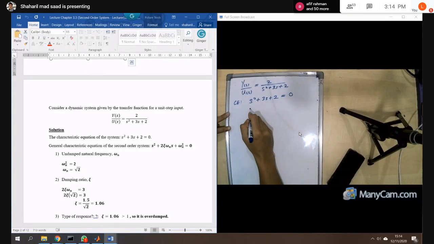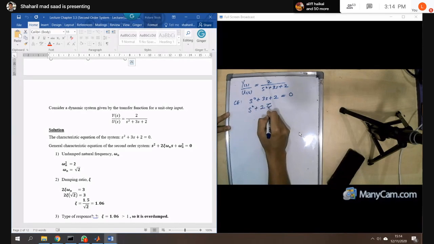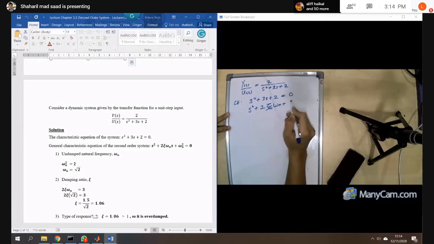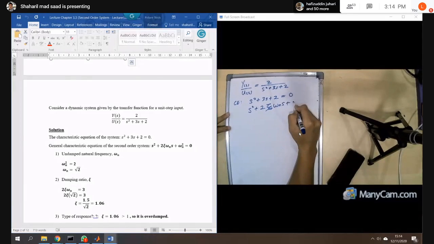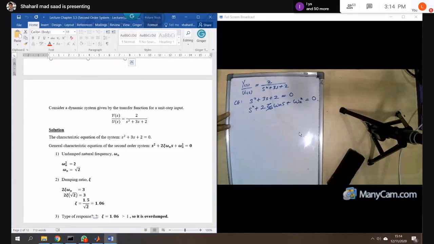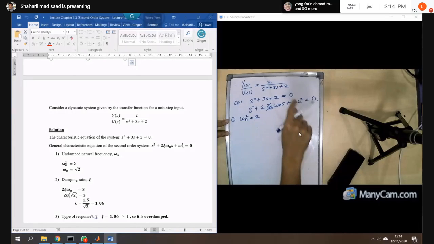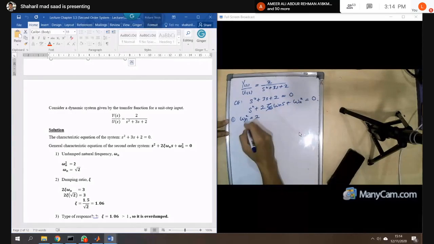Then you compare it with the general equation s squared plus 2 theta omega n s plus omega n squared equal to 0. First you find the natural frequency: omega n squared equals 2. You just compare the characteristic equation with the general equation of second order, then you get omega n is the square root of 2.